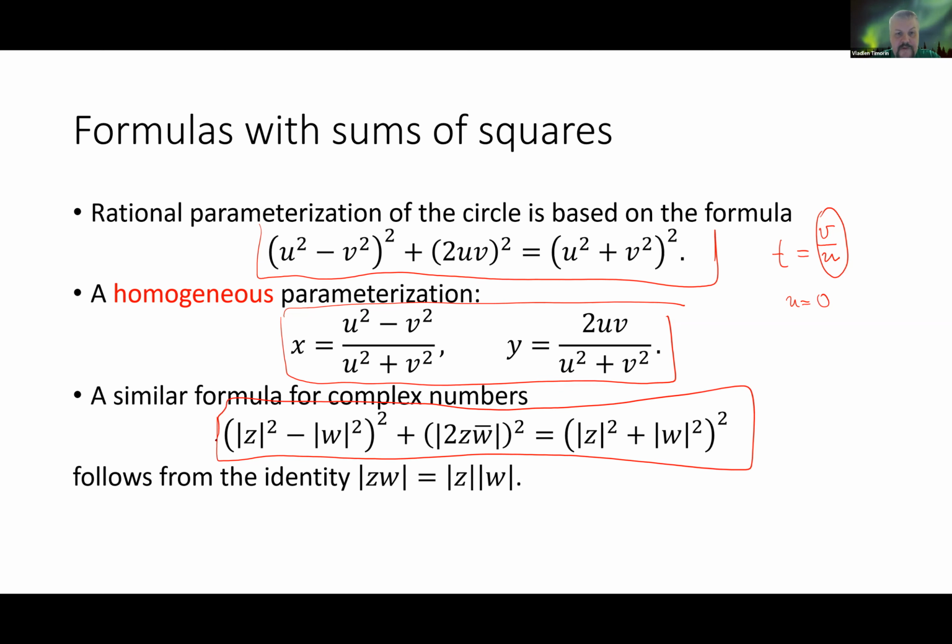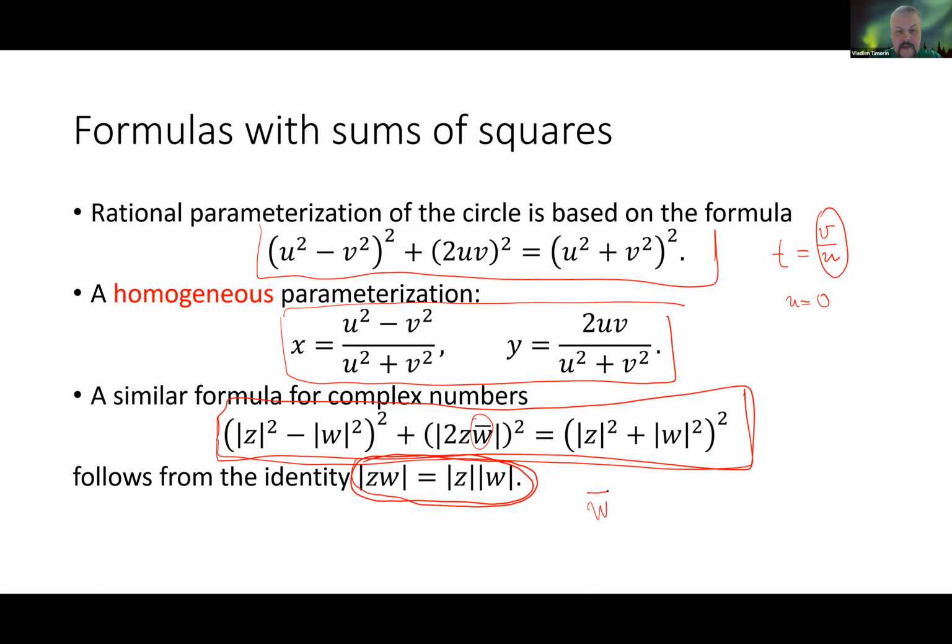It's very easy to verify this formula by opening the parentheses, and the only non-trivial identity we have to use here, a part of high school algebra, is this Diophantus-Brahmagupta-Fibonacci identity. So if we use it here, then in the same way we verify this.